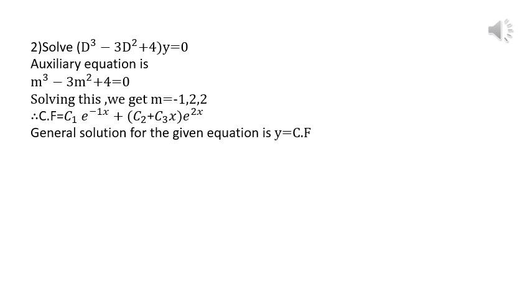So I repeat, here two roots are real and same. Next one is different. Since two roots are real and same, you should write CF is equal to inside the bracket C1 plus C2x, outside the bracket e to the power 2x, plus C3 into e to the power minus x.